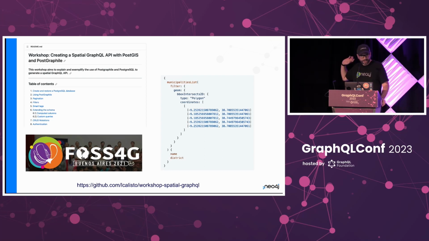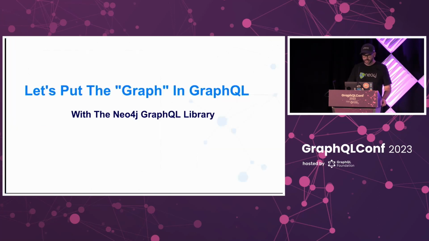This is from a workshop at a conference called FOSS4G, which is a free and open source for geospatial conference. If you're interested in specifically this, all the information and the code is on GitHub. It's a really good resource for learning how to use GraphQL with PostGIS. Okay, so that's a look at how we can build GraphQL APIs on top of Postgres and PostGIS.